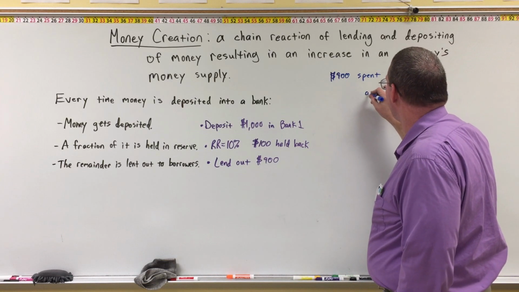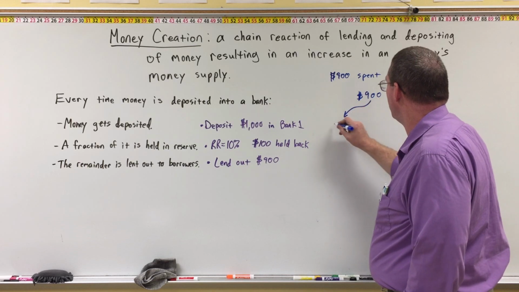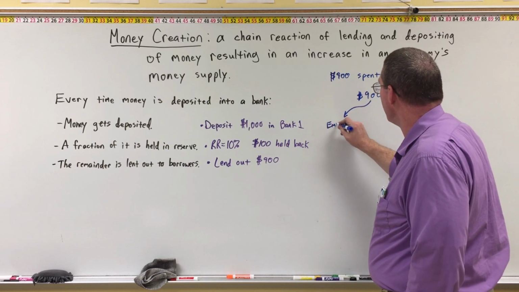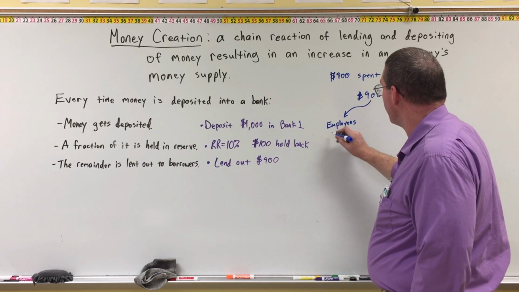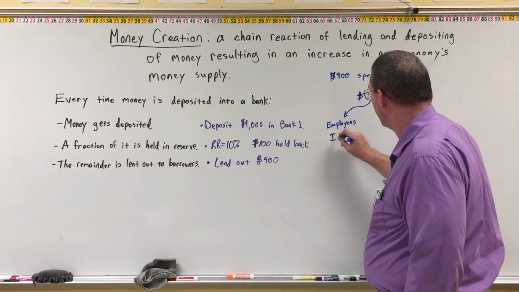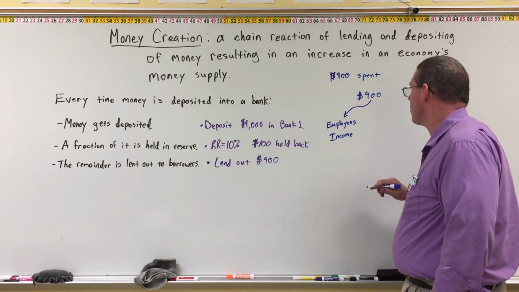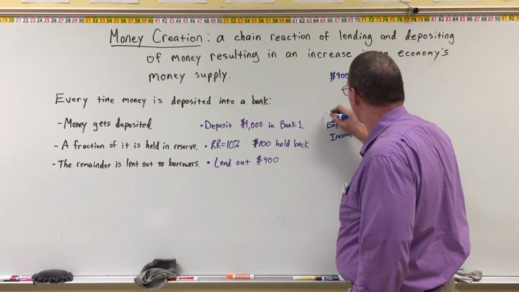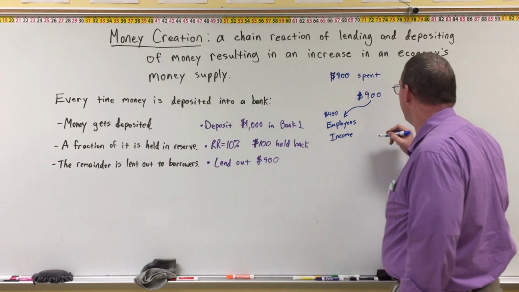So what's going to happen to that $900? Well, some of that money is going to go to the employees of the company, and that is their income. Let's say $400 goes to the employees as their income.